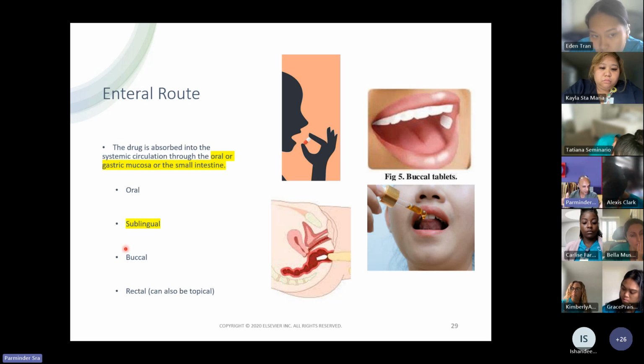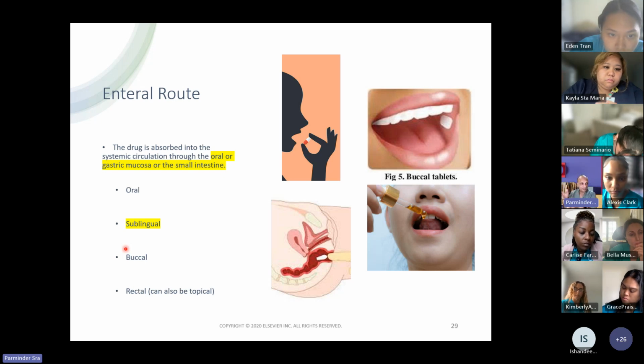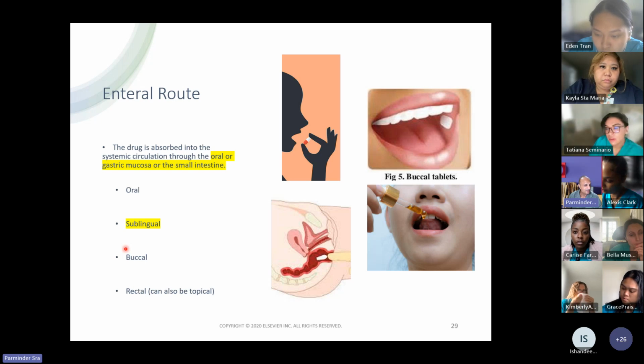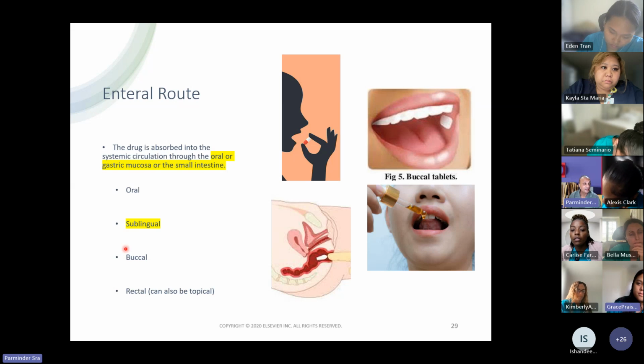But this is one of the most common. As compared to IV or parenteral, you need a higher dose because it has to go through, what do they have to go through? Metabolism. First pass effect. Which organ is involved? Liver. There you go.